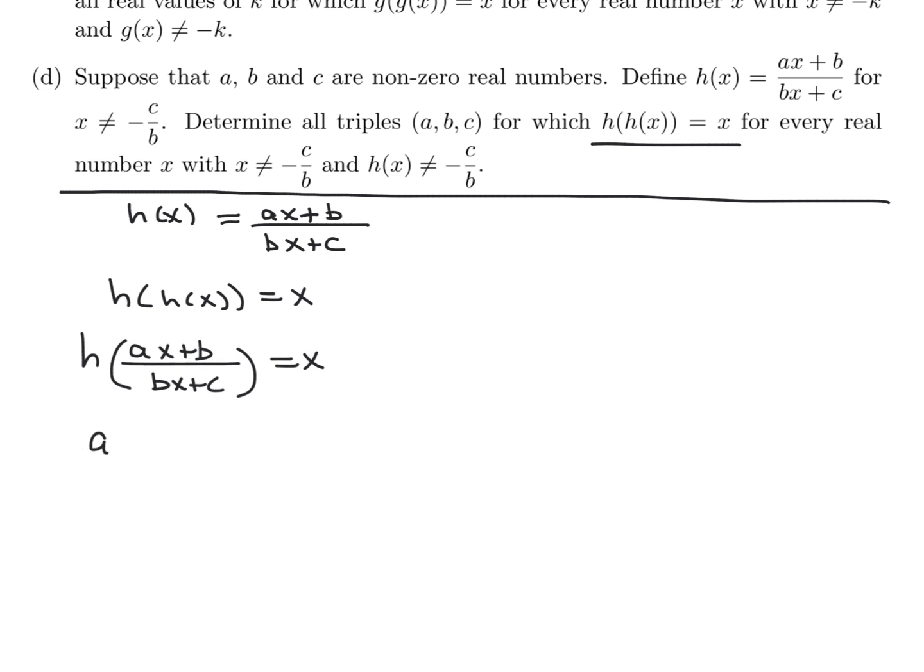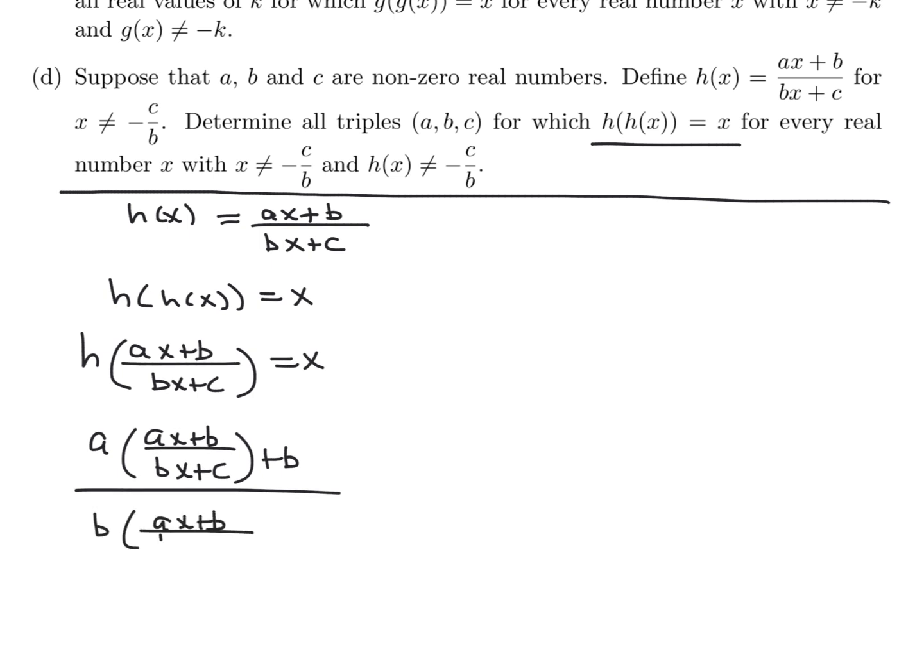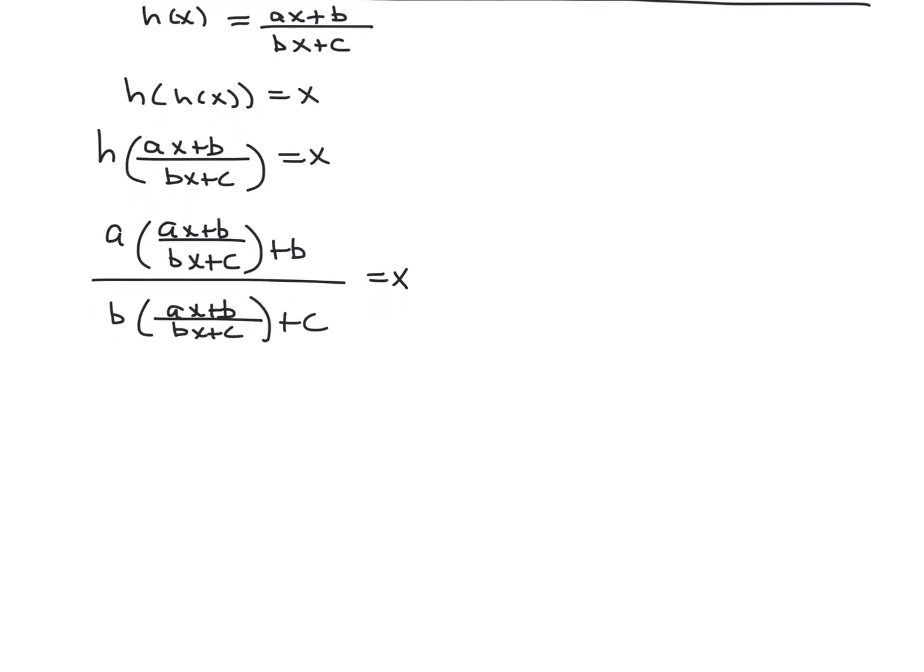So it's going to be a times (ax plus b) over (bx plus c), plus b, over b times (ax plus b) over (bx plus c), plus c. So there we go. Okay, so far so good. And then we have to add these fractions.